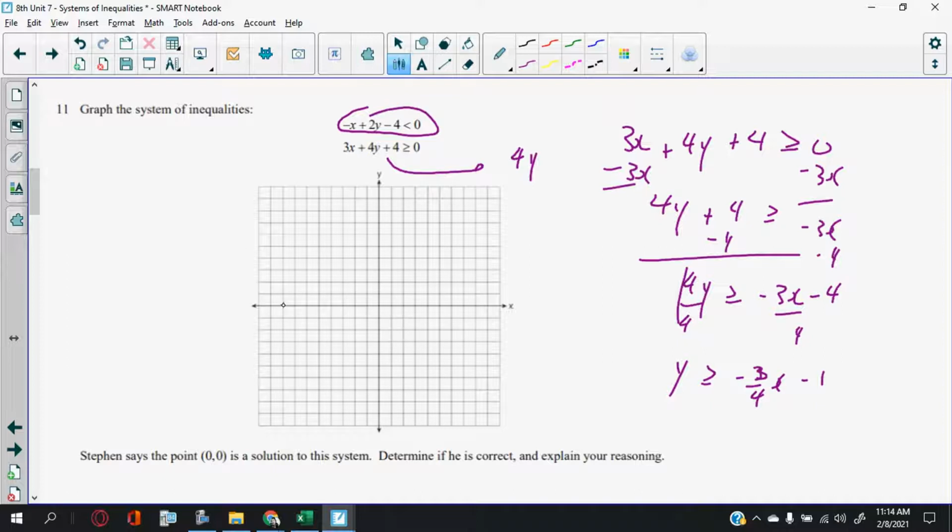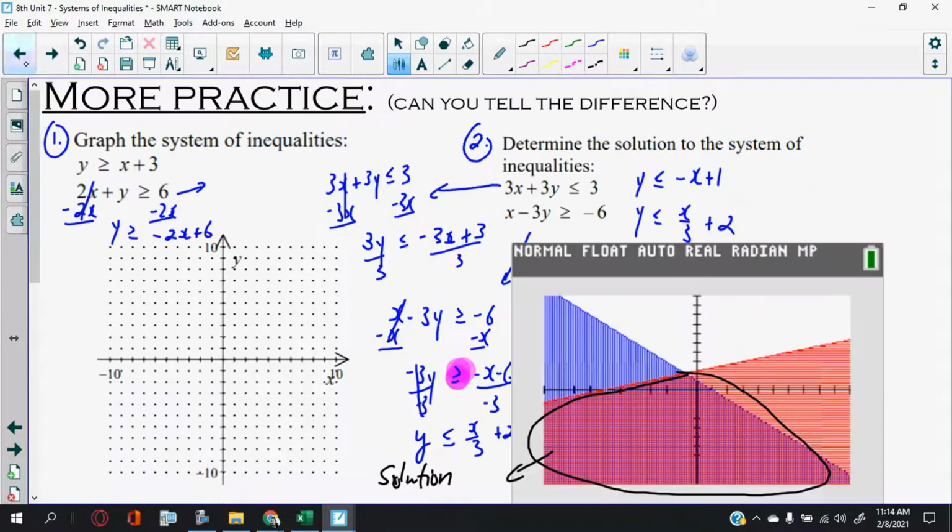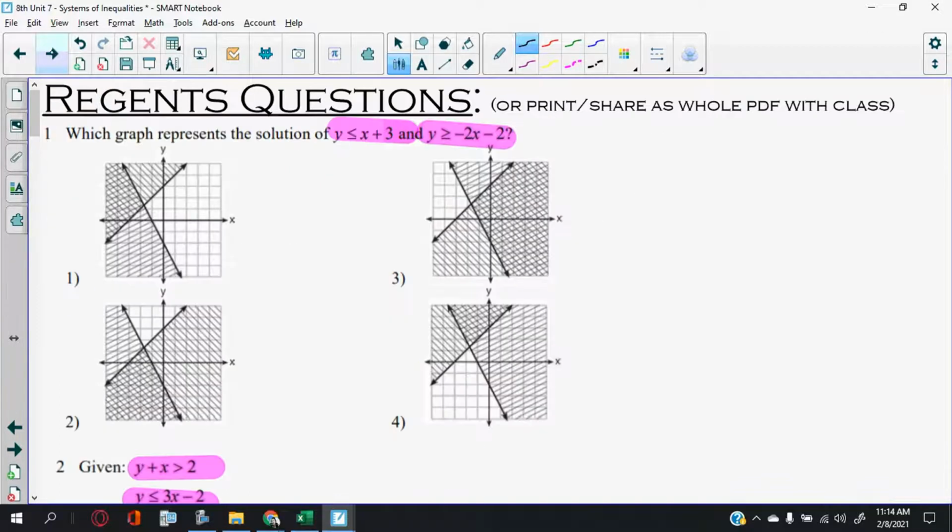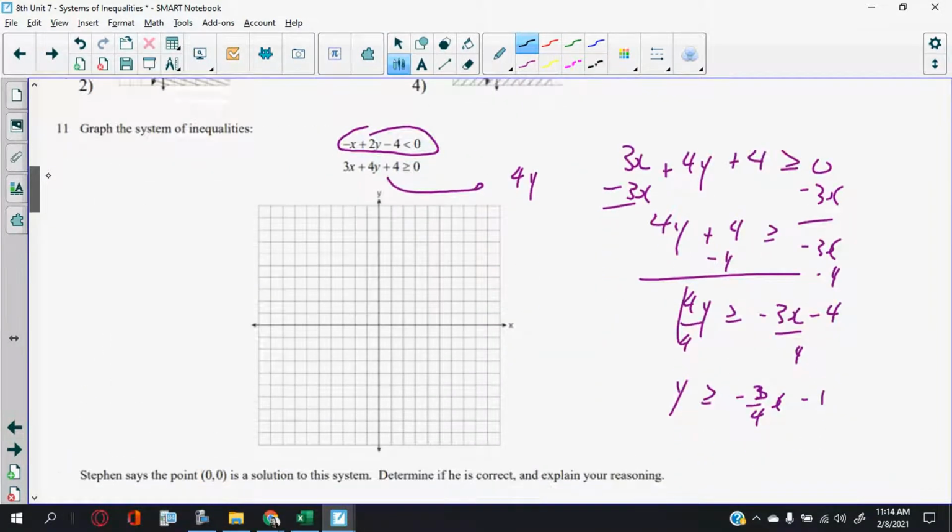Identify the solution on the regions. By the way, I was looking at the answer key. You could technically write, where the shading is, just write solution in the shaded area. Okay, moving on.